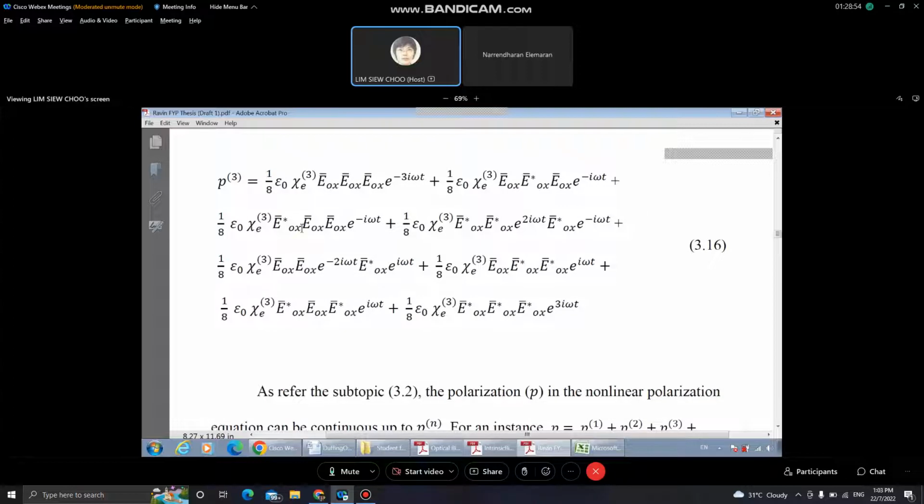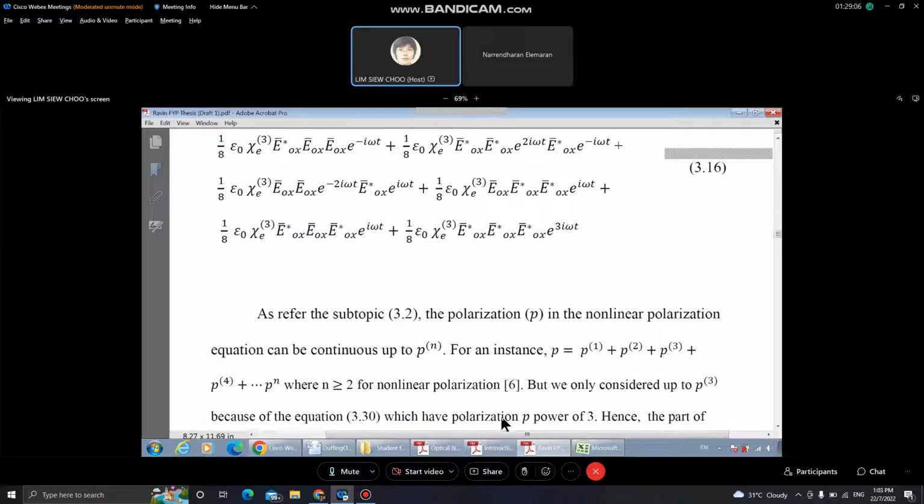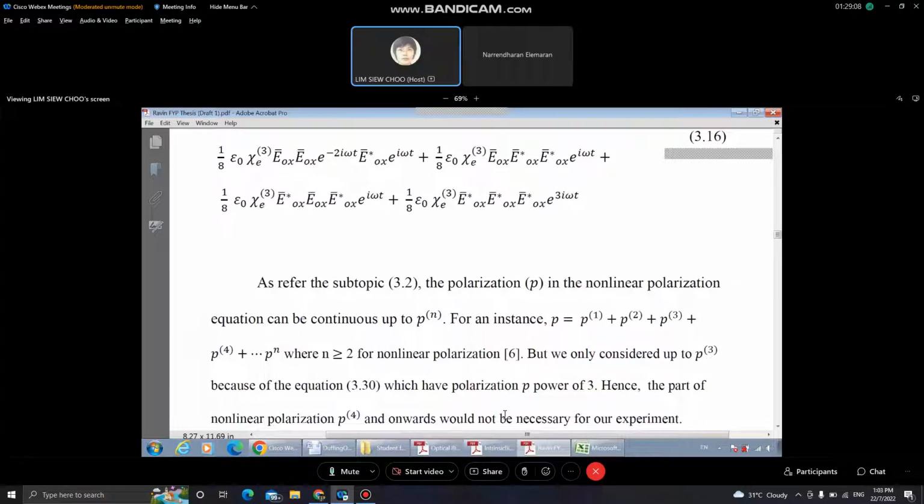Then you put this P1, P2, P3 substitution, and then you solve it, and you find that chi1 equals what? Chi2 is 0, right? And then chi3 you have the result. Okay, right?